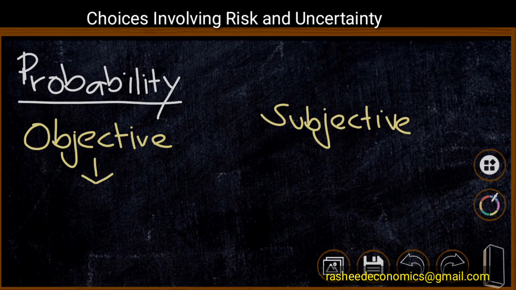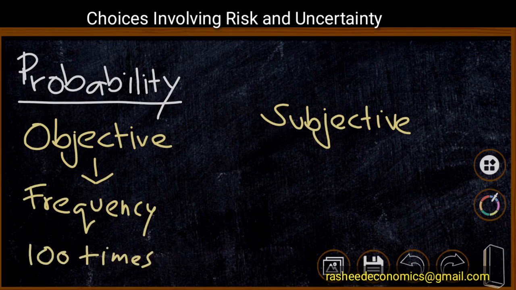The objective probability is based on the frequency of the event occurring. For example, suppose a company made an investment 100 times and they were successful 25 times. Then we can say that the success rate is 1 by 4.